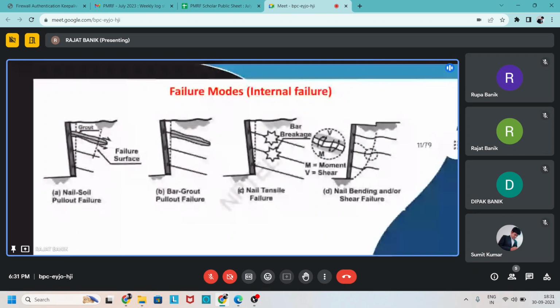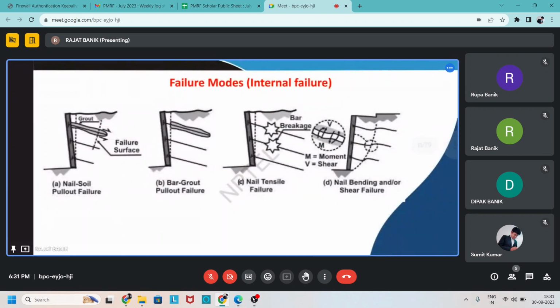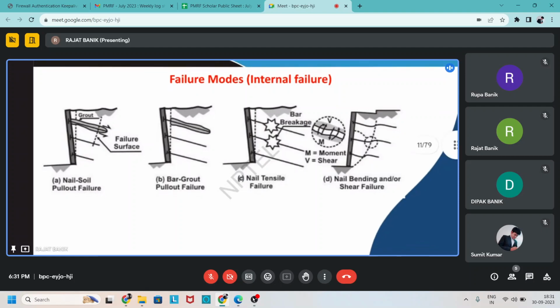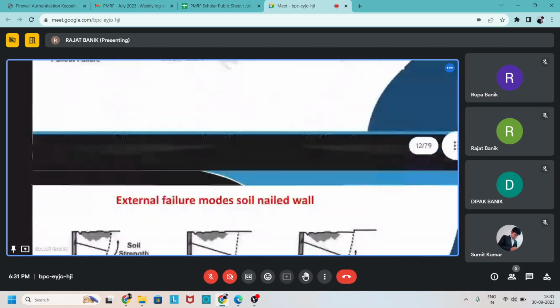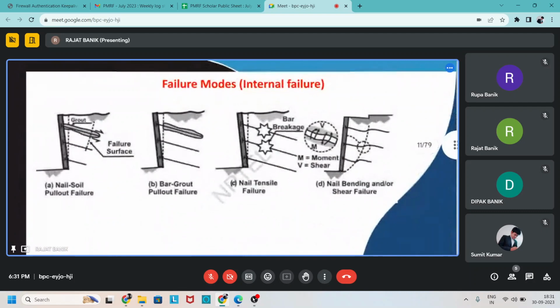Now we discuss the different failure modes of soil nailing. The failure modes are divided in three ways. First one is internal failure, second is external failure, and third is face failure. We first discuss internal failure.